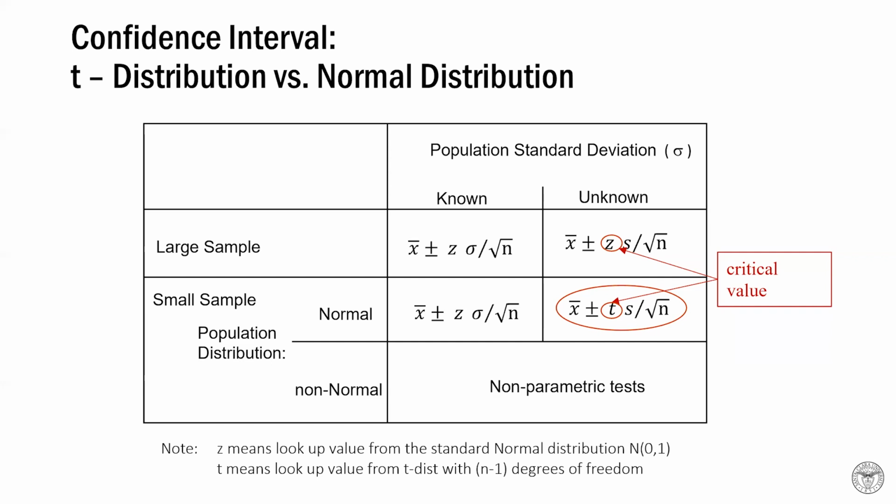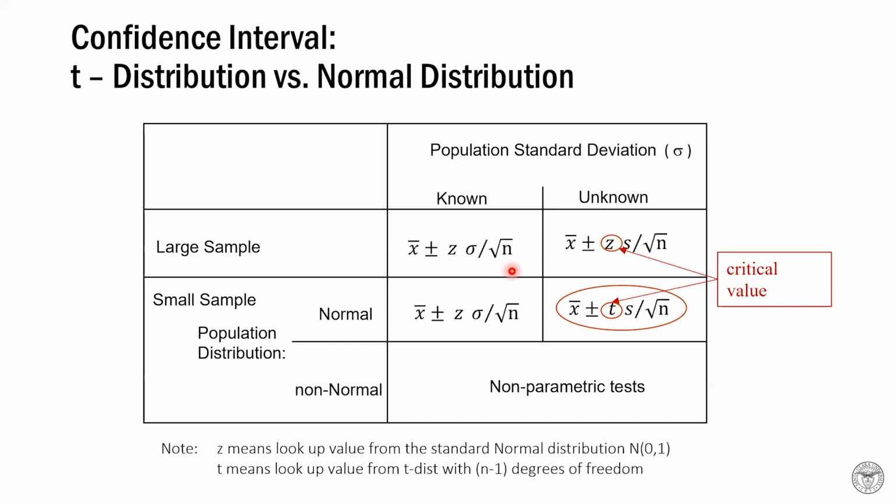More specifically, for those with large sample size, if we know the standard deviation of the population, then we have the confidence interval defined by x bar plus minus z times sigma divided by square root of n.